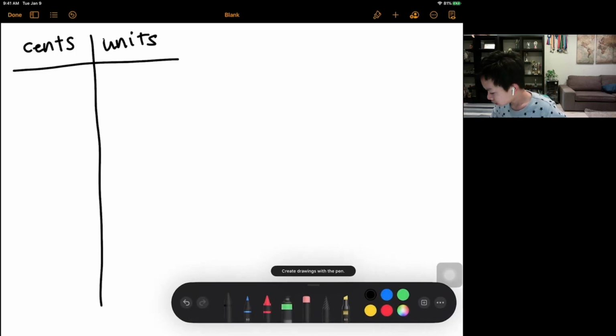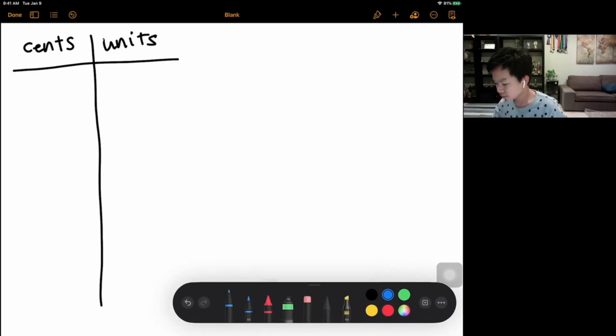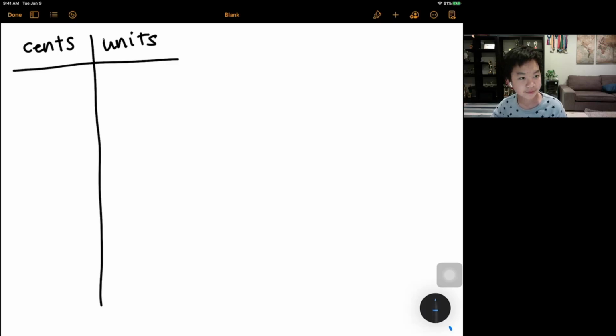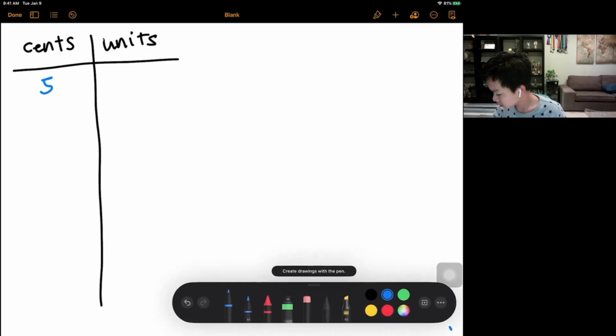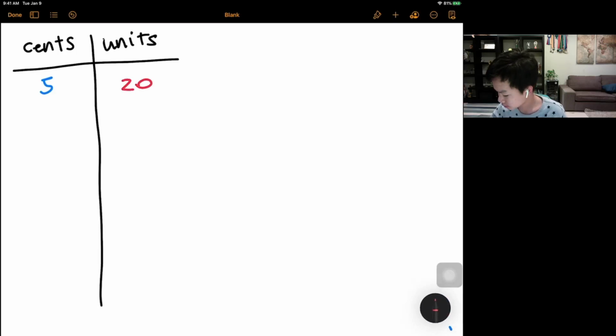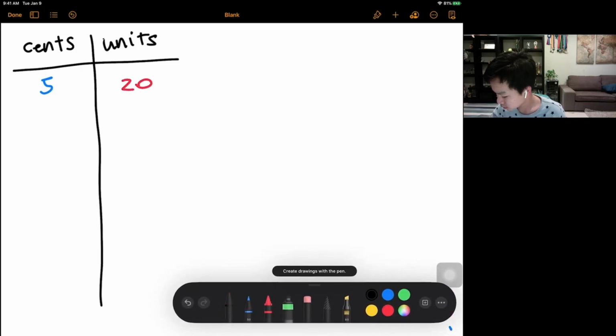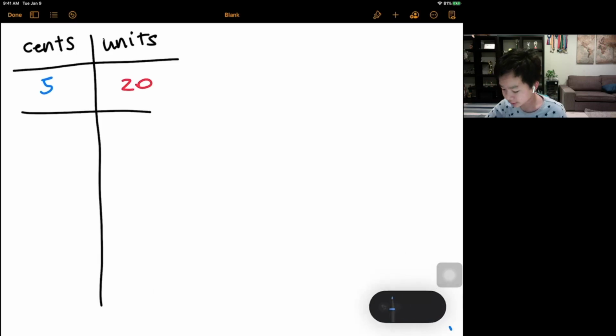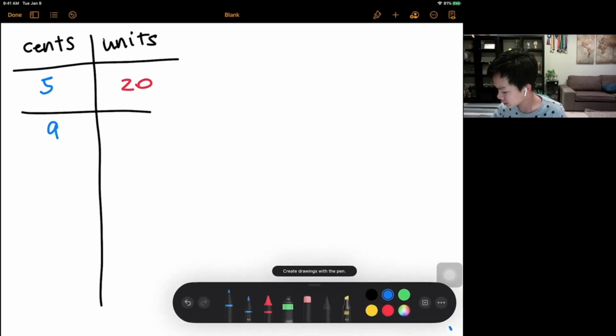So here for farmer number 1, we have 5, and then the units would be 20. And for the second farmer, we would have 9 and 40.